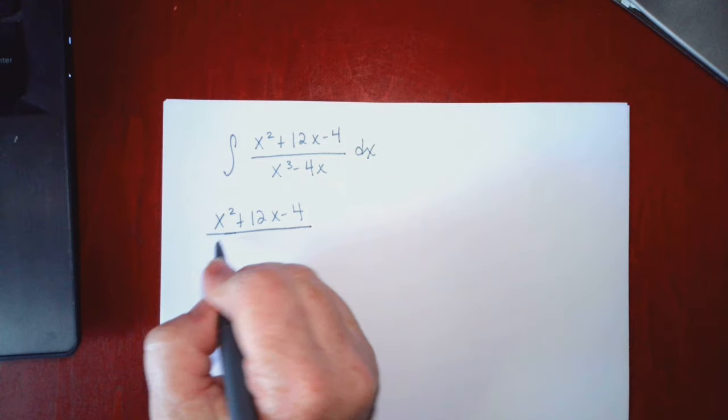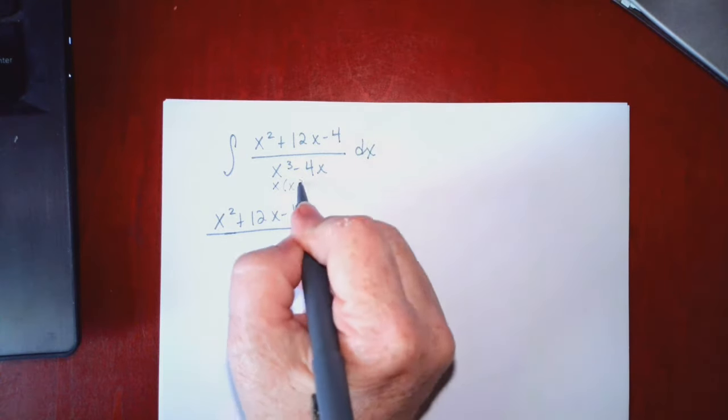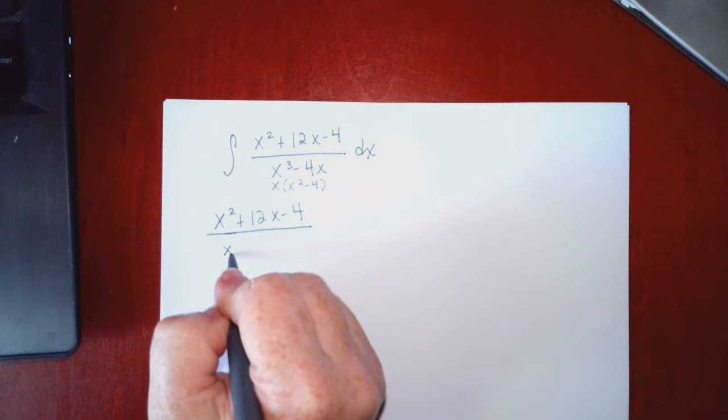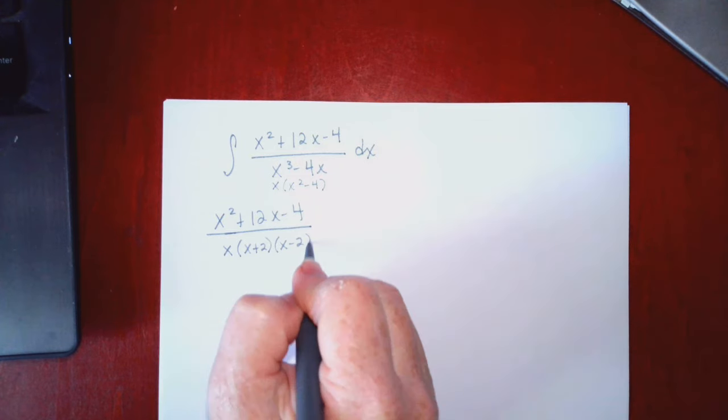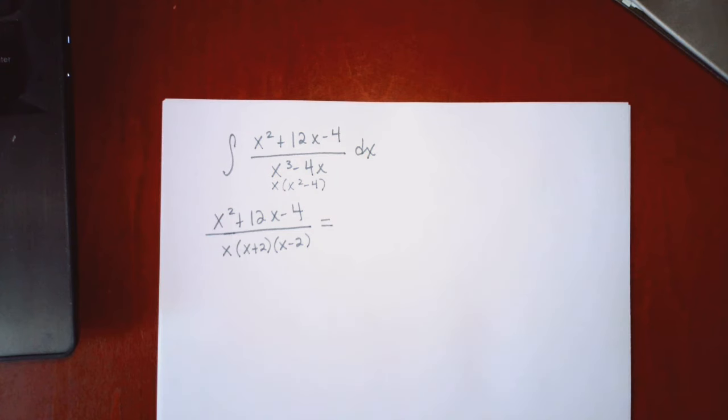All right, this denominator factors into x times x squared minus 4, which is x times x plus 2 times x minus 2. And so how many factors and fractions am I going to have?